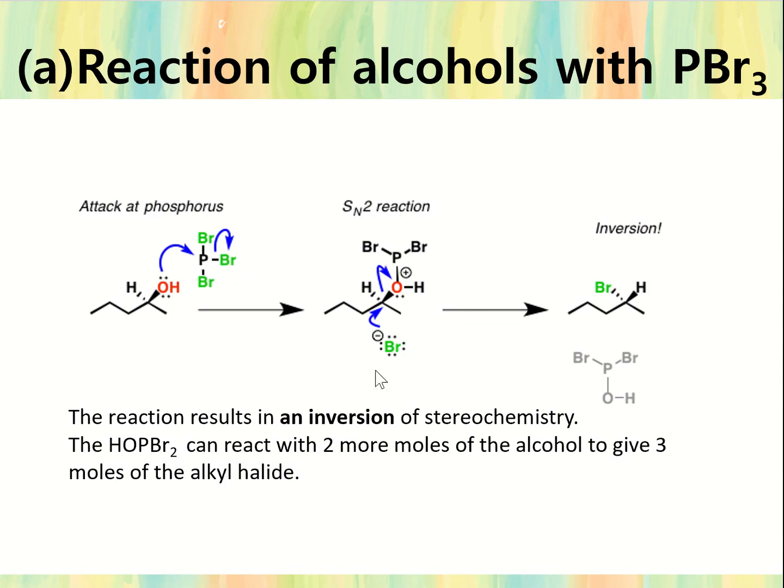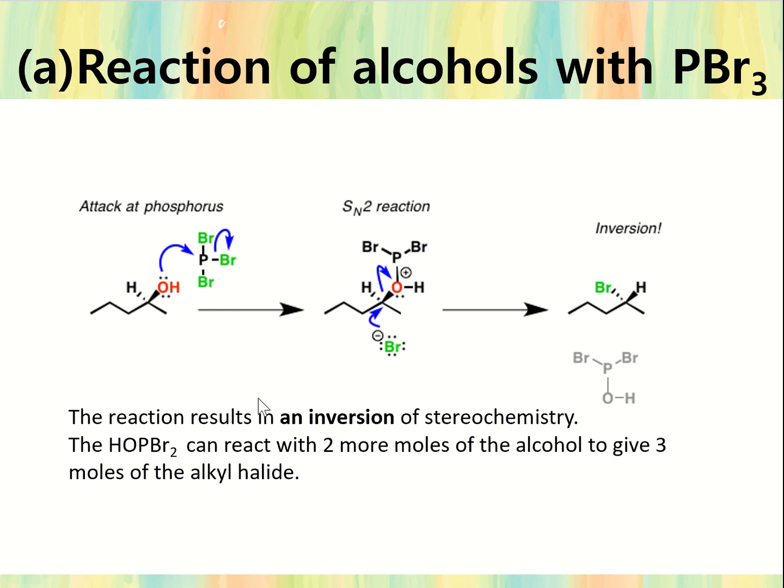And so we end up with this intermediate here, and then our bromide ion that was displaced up here can attack our electrophilic center, causing our carbon-oxygen bond to break, and you have inversion of the stereochemistry.